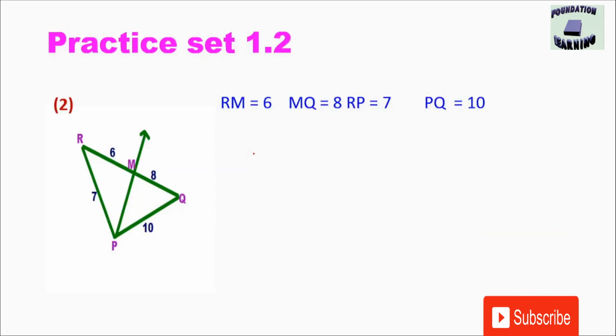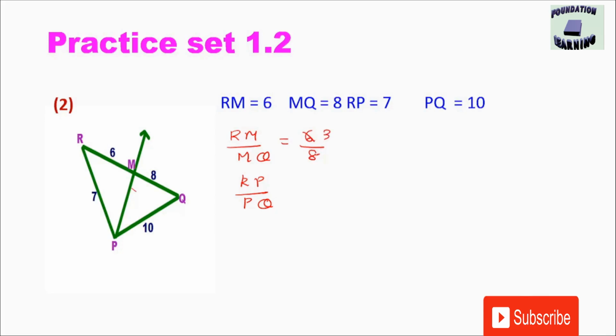The next one, RM is 6. The same thing we have to find out: whether the side is a bisector. Now we have to find the ratios RM upon MQ, and next we have to find RP upon PQ. How much is RM? RM is 6, MQ is 8.